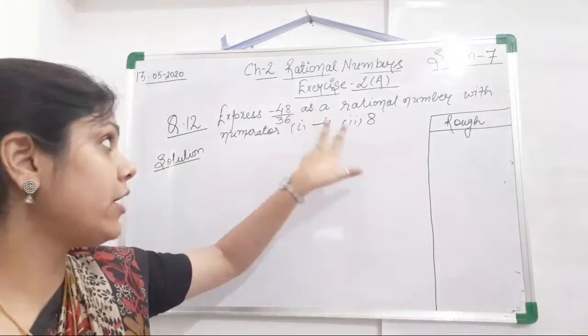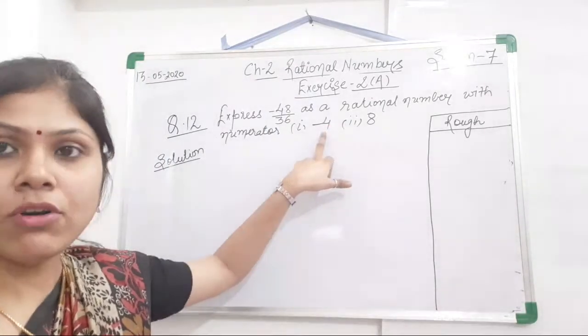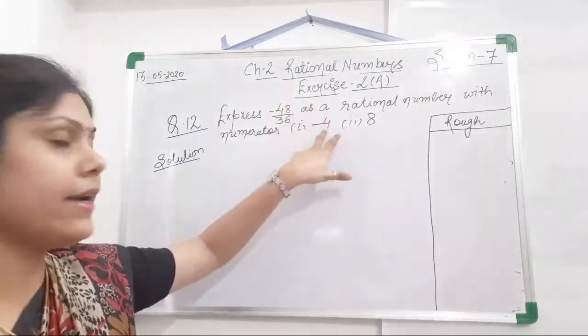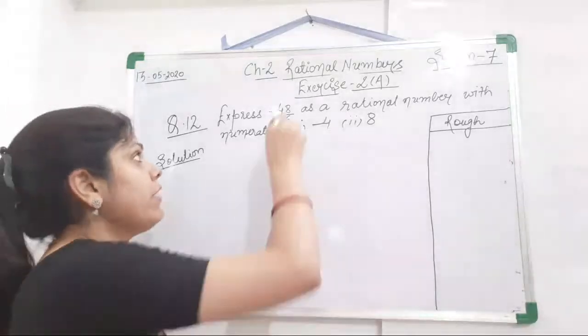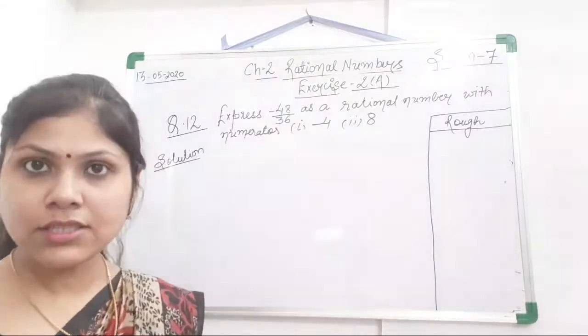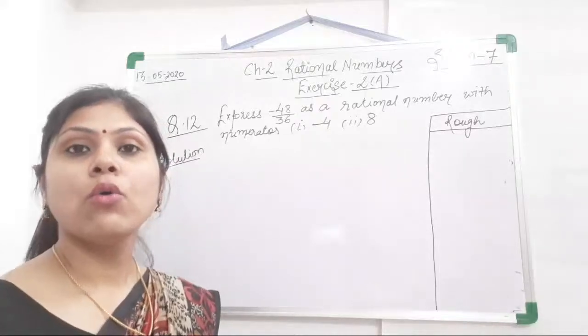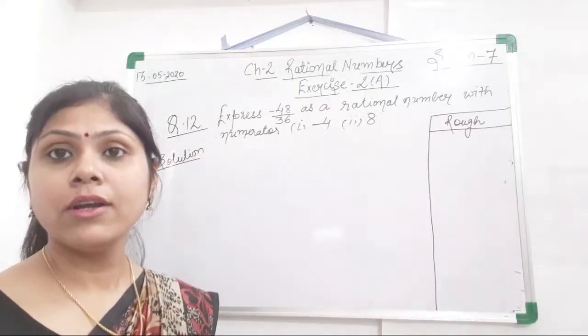Minus 48 is obviously greater than minus 4, don't consider the minus sign, 48 is greater. That means when we divide this number then only we will get minus 4. So by which number will we divide 48 so that we get 4?